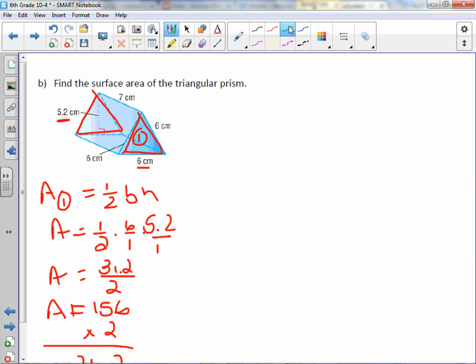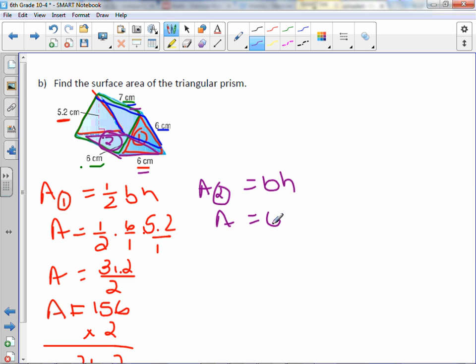Our rectangles, we have a rectangle here, which is 7 by 6. We also have a rectangle in the back, which happens to also be 7 by 6. And our bottom rectangle, again, is 7 by 6. So we have 3 rectangles that are the same. We'll call that shape 2. Area of shape 2 is base times height.